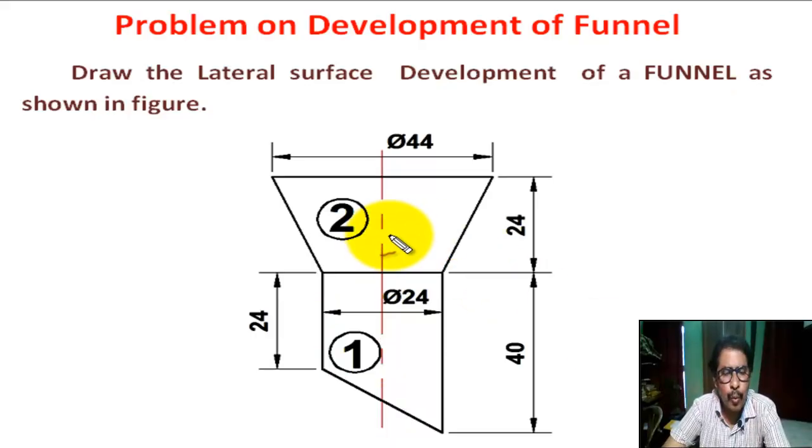Now we draw the cone shape, second part. This is 24. At midpoint, this is the center line or axis line. Now draw a parallel line at distance 24, parallel to this.